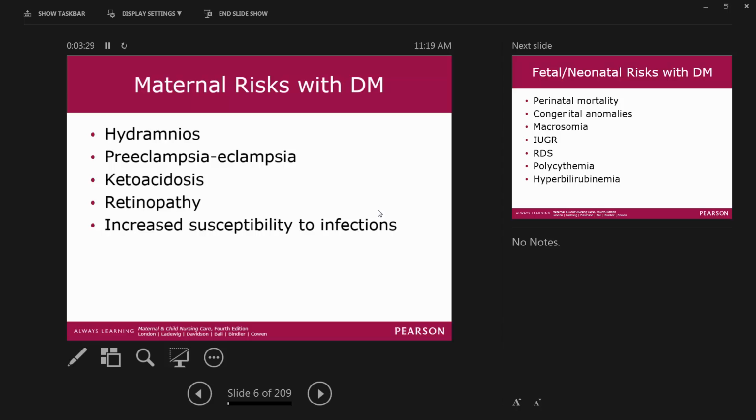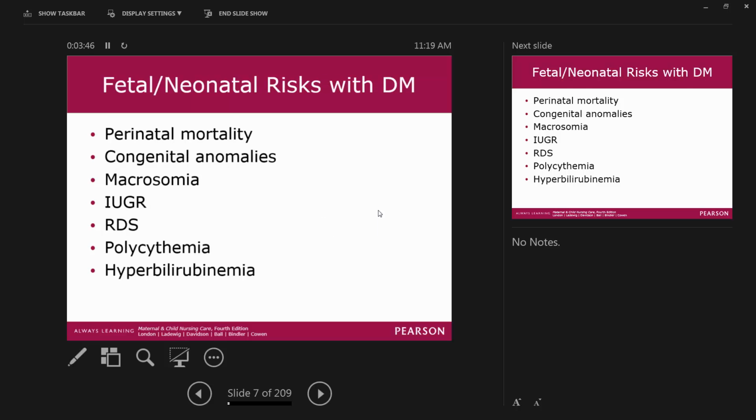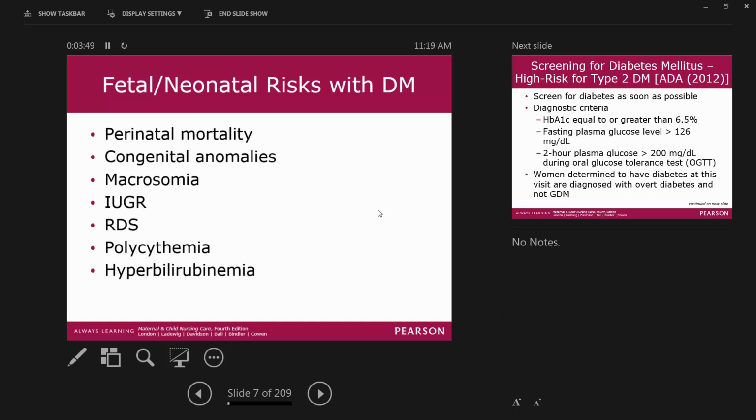Okay, and because she is pregnant and has diabetes, it makes her diabetes more uncontrollable, and so with her pregnancy, she has these increased risk factors. And here are your baby risk factors.